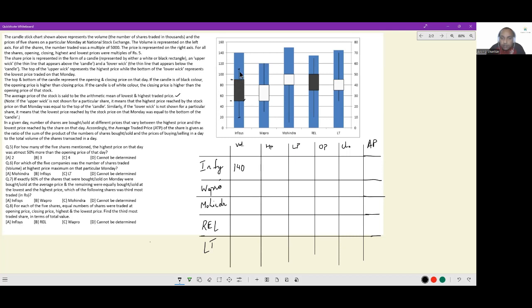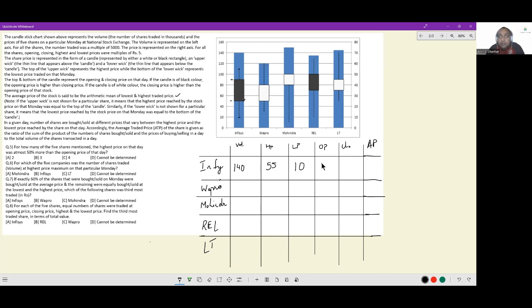Highest price will be 55. The lowest price will be 10. The opening price, see, because this is black, the opening price is higher than the closing price.